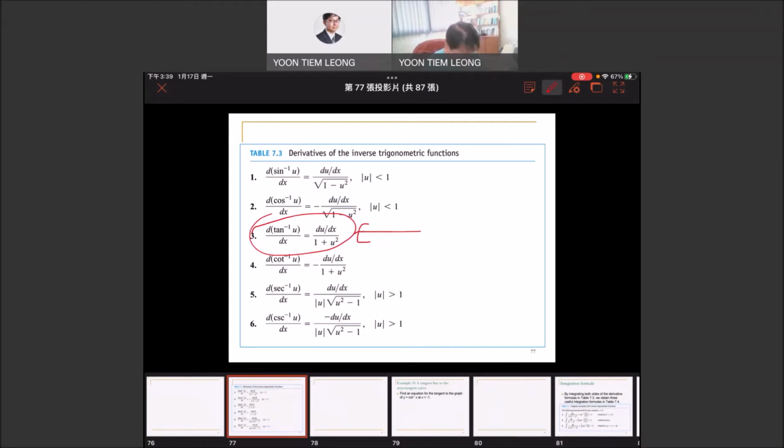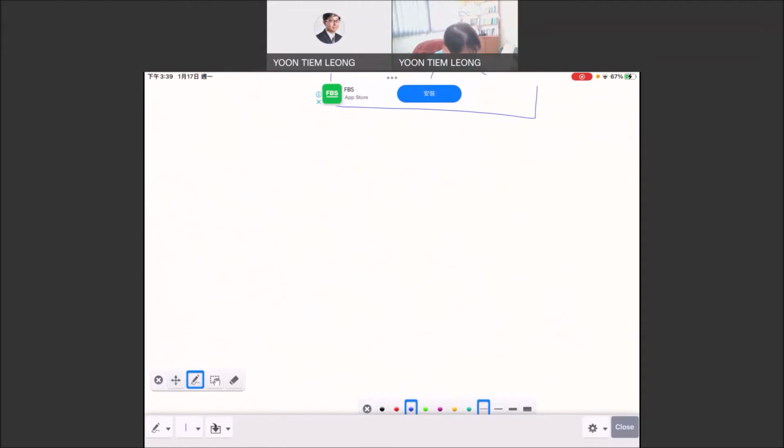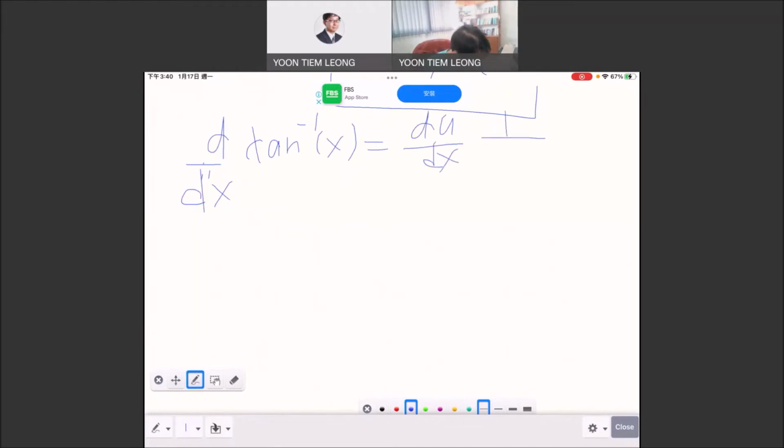Okay, so let me write down the formula for this. d/dx of arctangent of x is equal to du/dx divided by 1 plus x squared. Okay, so again, I'm going to repeat the same tricks.